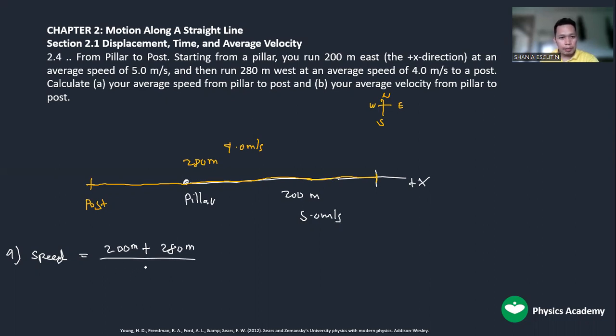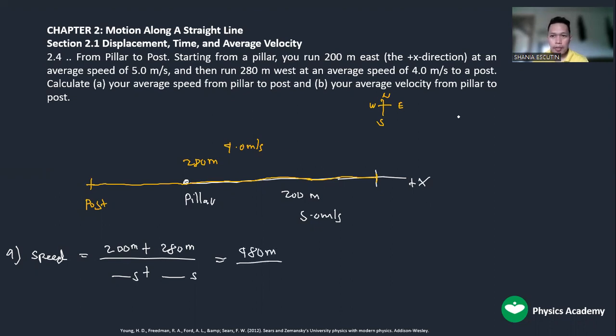So what is your time? It takes time for you to travel 200 meters, and then time for you to travel west 280 meters. So the total distance above is 480 meters.